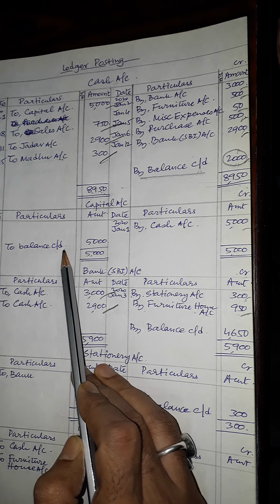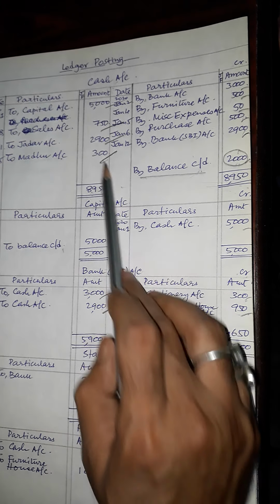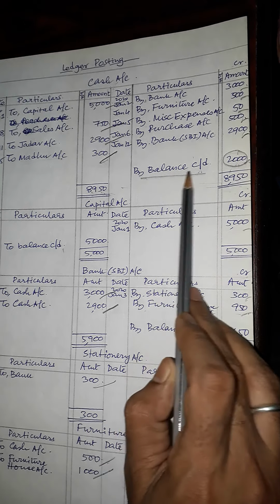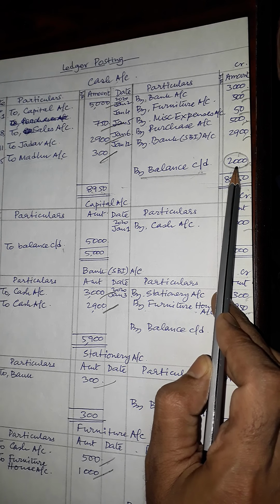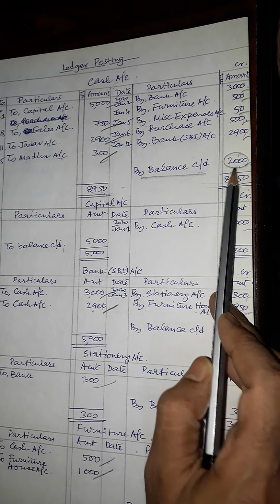Again, for opening balances, if the opening balance appears in the debit side, it will be called a debit balance. If the opening balance appears in the credit side, it will be called a credit balance. So the balance of cash account is 2000, it appears in the credit side, so it is a debit balance because the debit exceeds the credit by 2000 rupees.